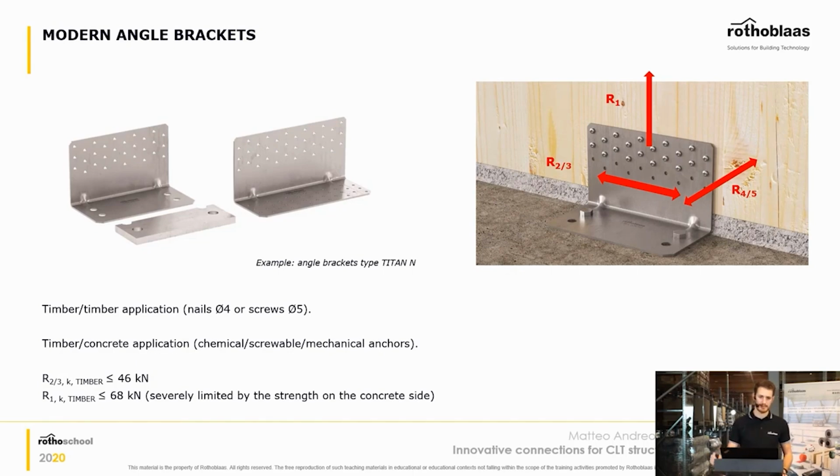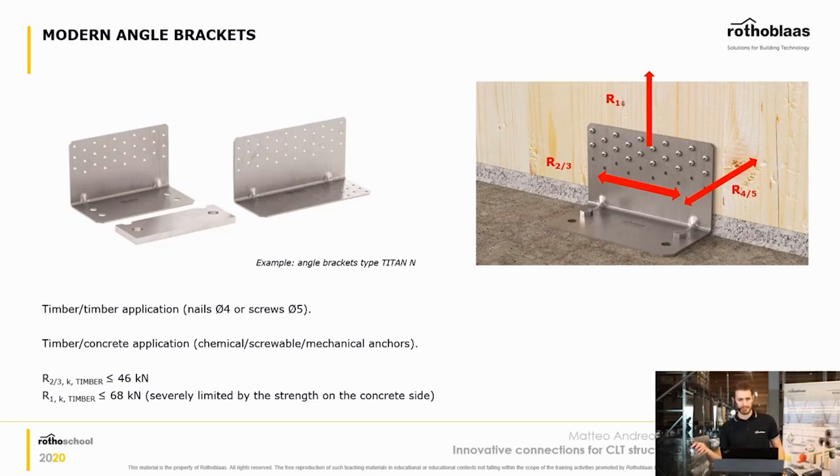This is a standard connection, and this in particular is a connection that you can use as a hold down for tension forces, and you can use the same connection as a shear connection for the walls, for example. And we're going to see how that's better.